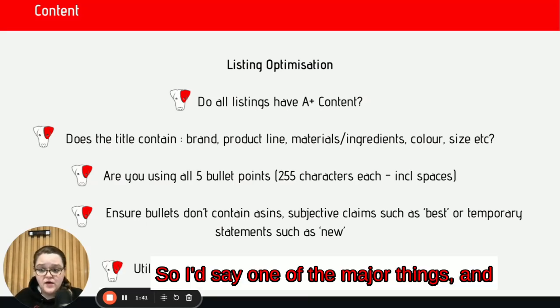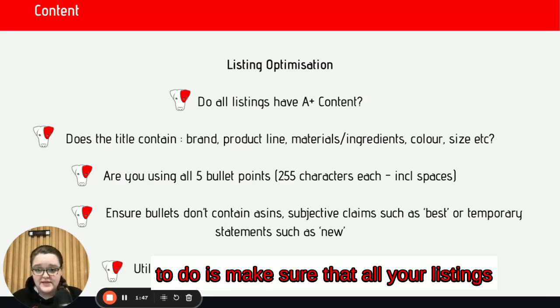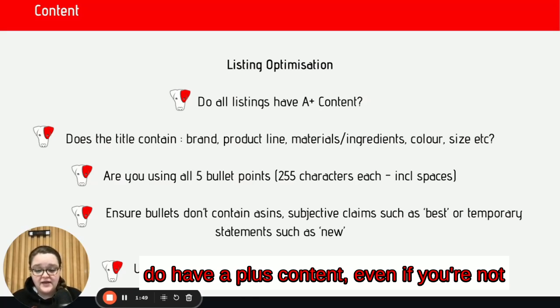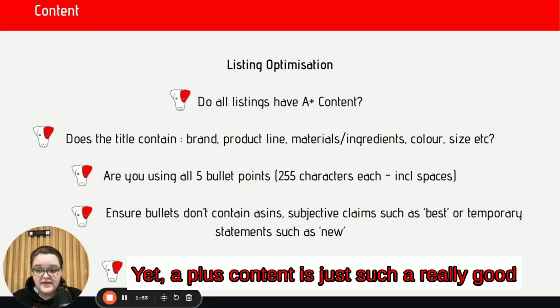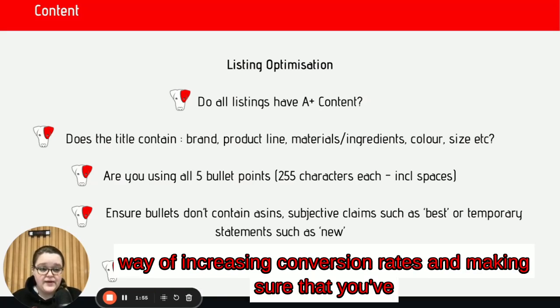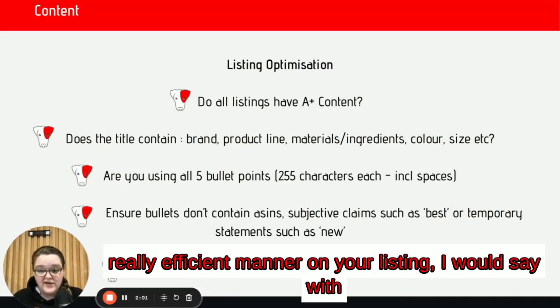So I'd say one of the major things, and something we're always constantly pushing all of our clients to do, is make sure that all your listings do have A+ content. Even if you're not eligible for premium A+ content yet, A+ content is such a really good way of increasing conversion rates and making sure that you've got all of the information about the product in a really efficient manner on your listing.